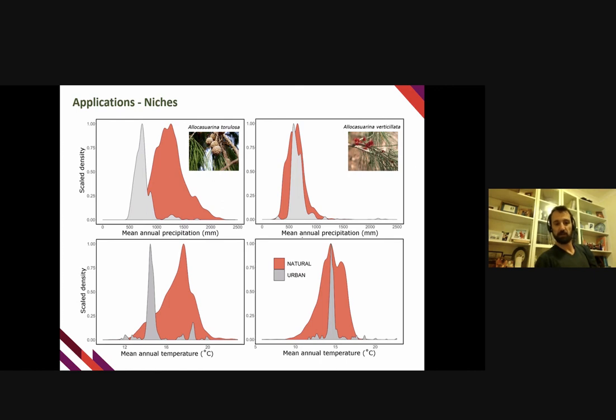As you can see on the left-hand side, the species has an urban niche overall, both for mean annual precipitation and temperature, that is slightly different compared to the native or natural distribution, I would say. Whereas for Alocasuarina verticillata, you can see that the urban distribution and the urban niche completely matches the natural niche.